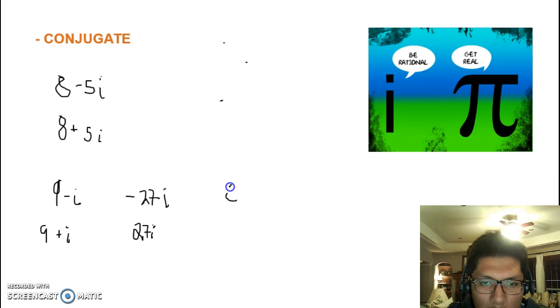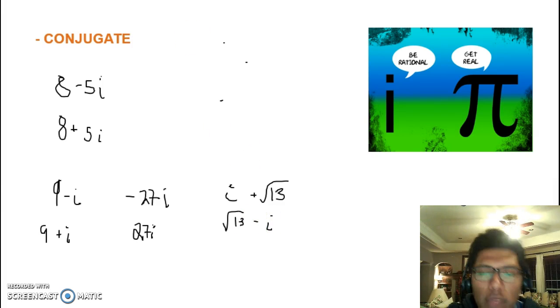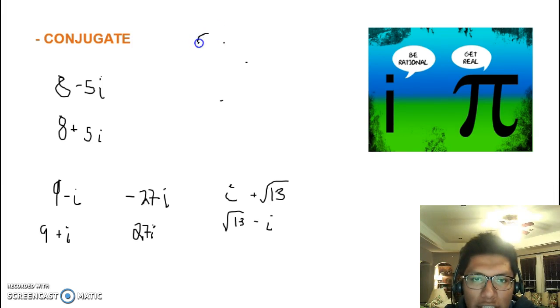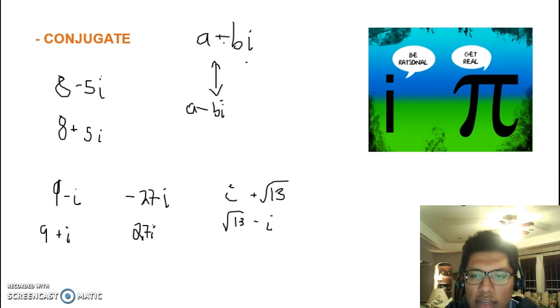And i plus the square root of 13 would become the square root of 13 minus i. And you're always going to put the real number first because math grammar. So a plus bi is going to become a minus bi, and vice versa. So that's that.